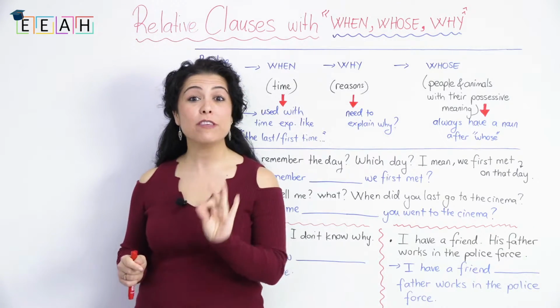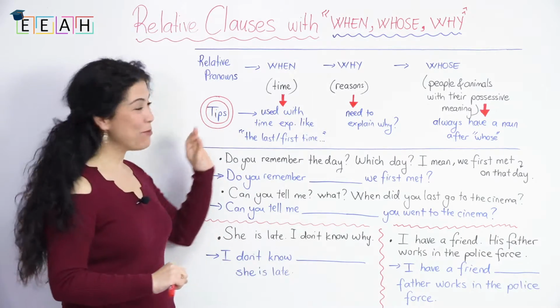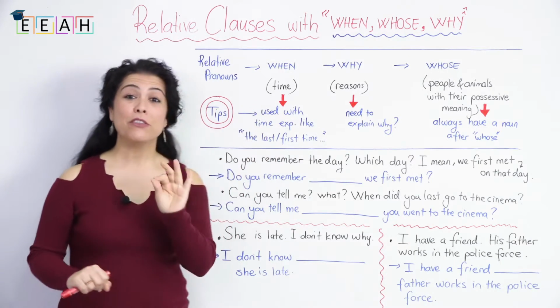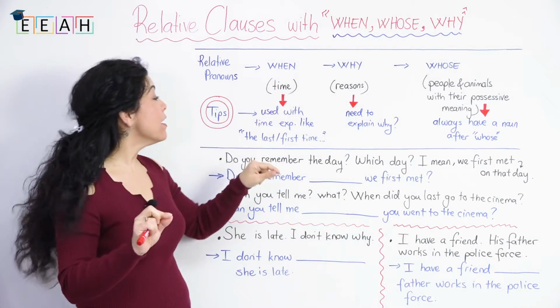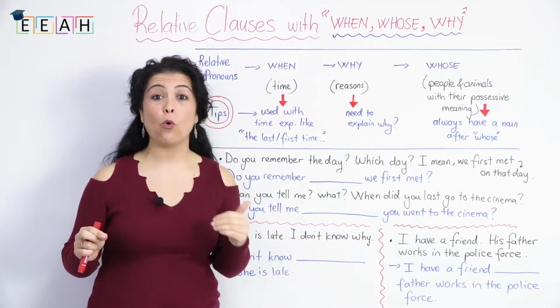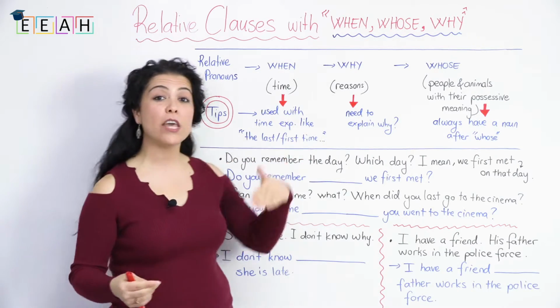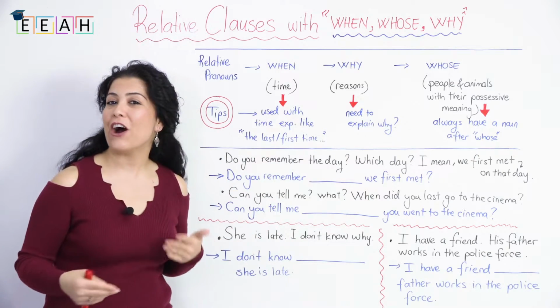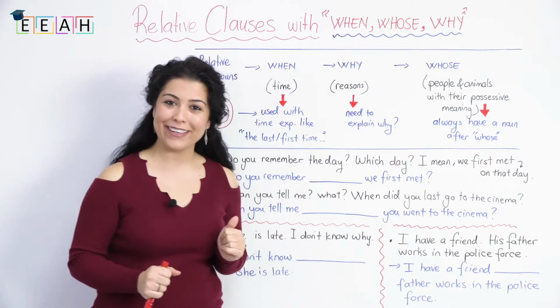Now, I will give you tips for each pronoun to keep in mind. Number one, remember that we use the relative pronoun when with a time expression all the time. Time expressions like the last time when, the first time when, or the day when, right?